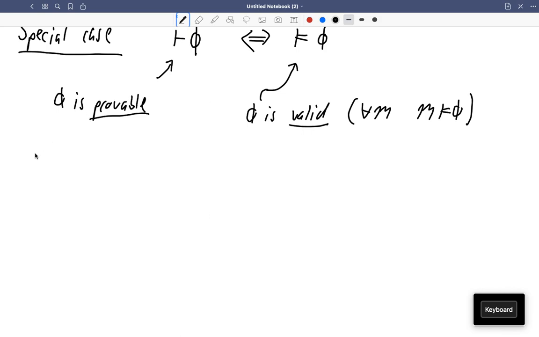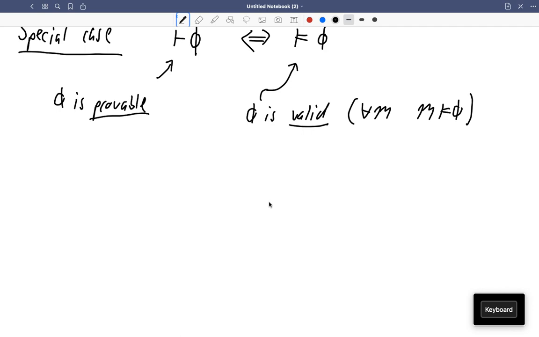And once again, just to finish the definitions analogously with propositional logic. So validity was important in propositional logic. We were also spending even more time looking at satisfiability.